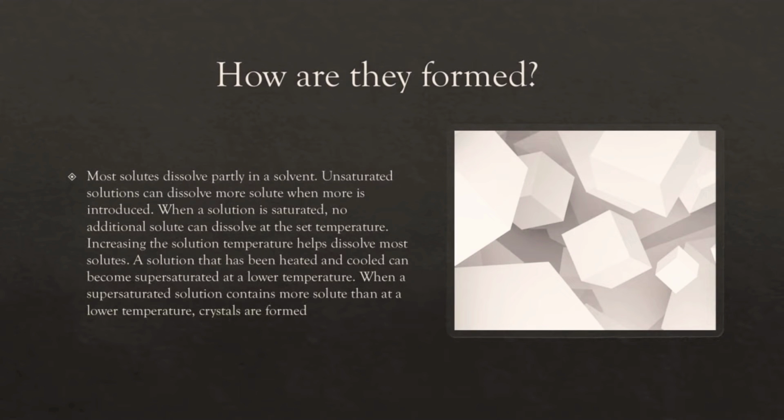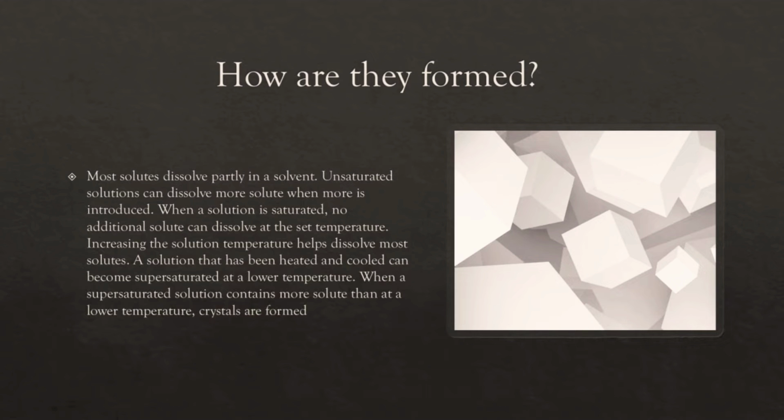So now we go a little deeper on how they are formed. Most solutes, in this case natrium chloride, dissolve partly in a solvent. Unsaturated solutions can dissolve more solute when more is introduced into them. When a solution is saturated, no additional solute can dissolve at a set temperature.